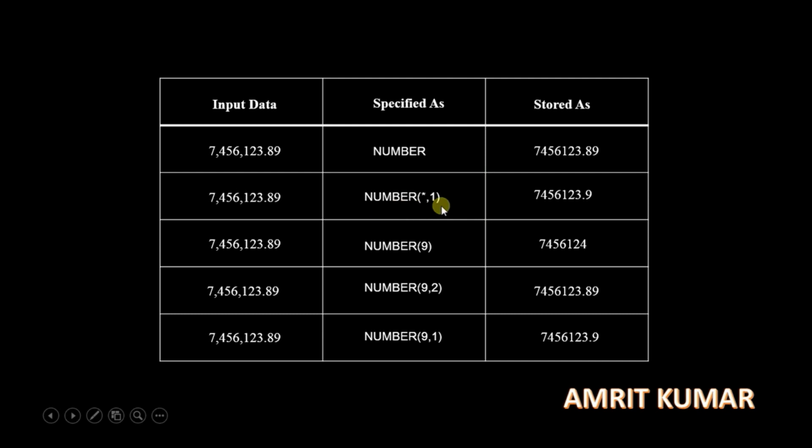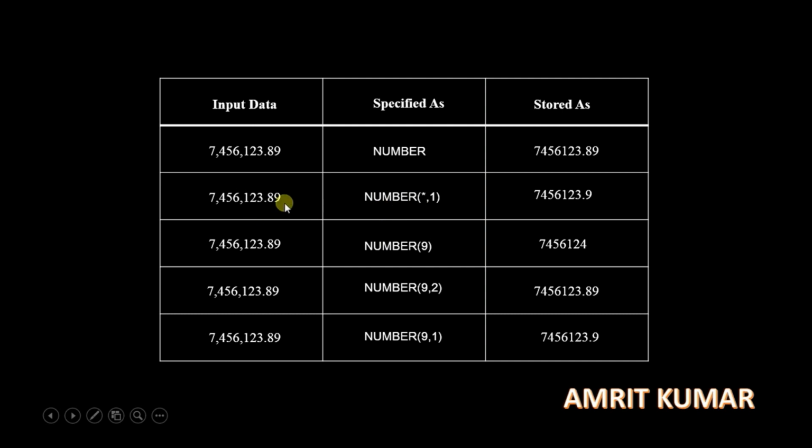So precision counts the total number of digits in that column, and scale counts the total number of digits to the right of the decimal value.